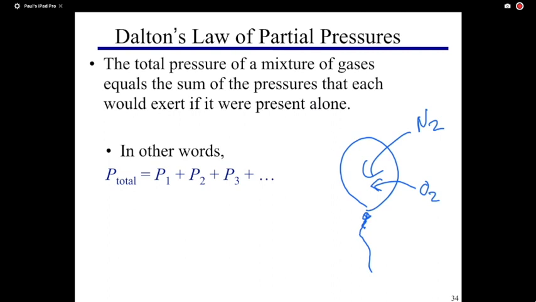The total pressure will be the sum of how much nitrogen is there and how much oxygen is there. Each individual pressure is determined separately, but the total is just the sum of the ones that are there. Whatever gases are in there, you just add them all up. In other words, the total pressure is equal to the sum of pressure 1 plus pressure 2 plus pressure 3 plus pressure 4, all the pressures of every gas that is there.